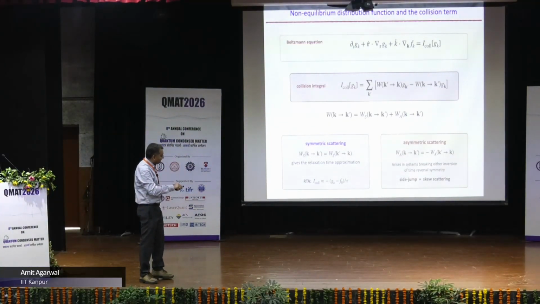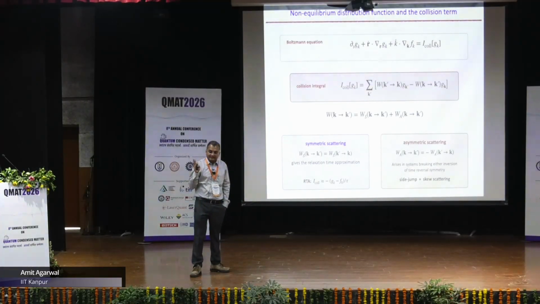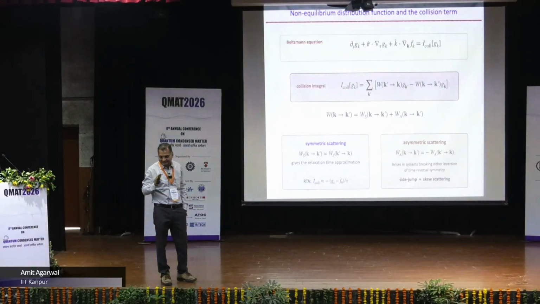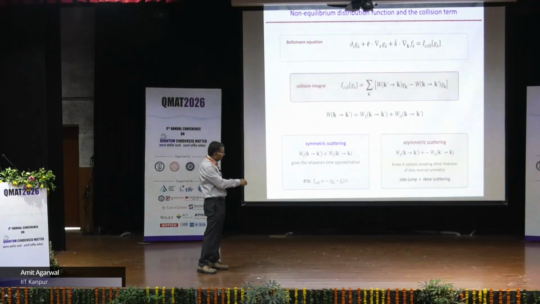But the more interesting thing is asymmetric scattering, which can arise either in intrinsically time reversal symmetry broken systems, or systems which break inversion symmetry. Okay. So the rate of going from K to K prime and the rate of going from K prime to K are not equal.